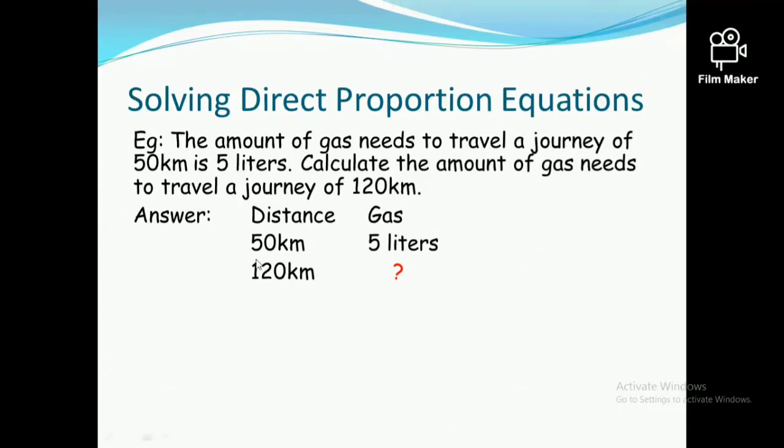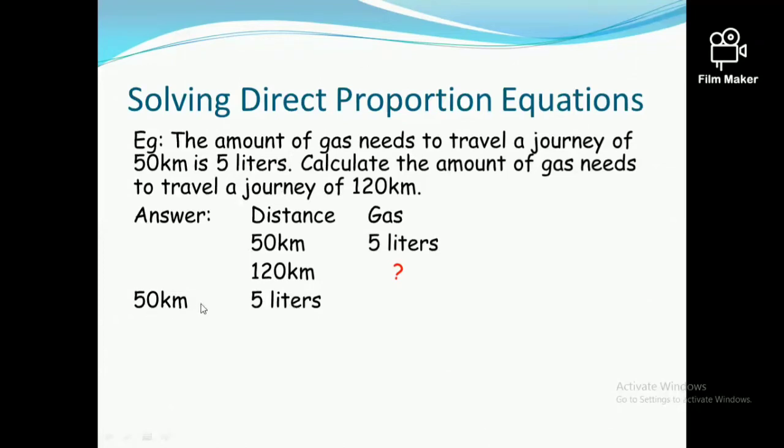Let's see how to do this. The information is related between two facts, distance and gas. For 50 kilometers, we need 5 liters of gas. Our problem is, to travel 120 kilometers, how much gas do we need? Then write: for 50 kilometers, 5 liters.